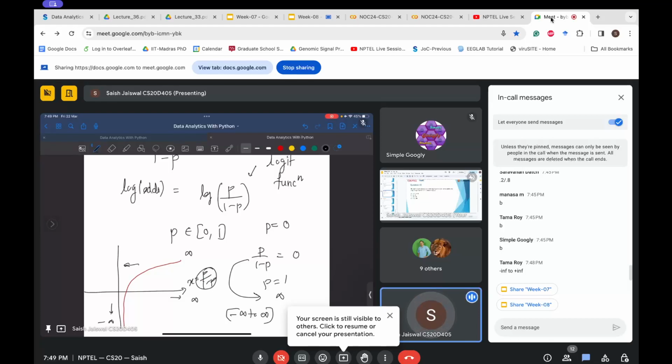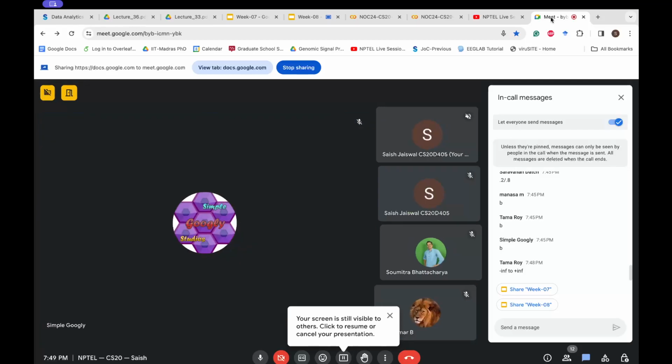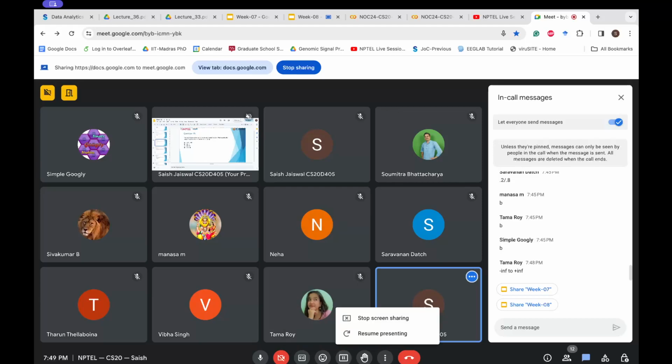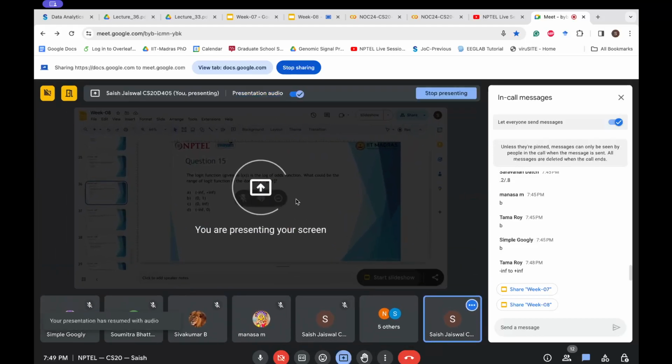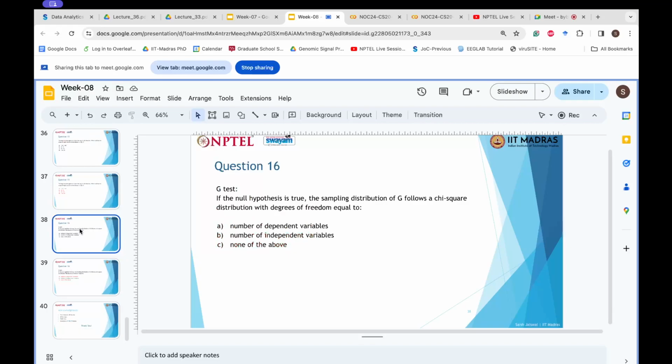So as this ratio tends to 0, the log of this x tends to negative infinity, and as x tends to infinity, log of x will also tend to infinity. So the correct answer over here is minus infinity to plus infinity.